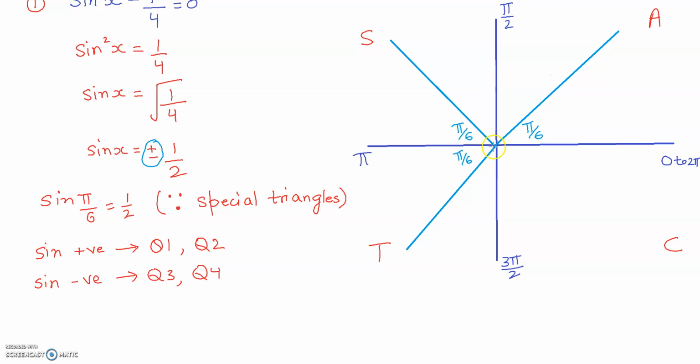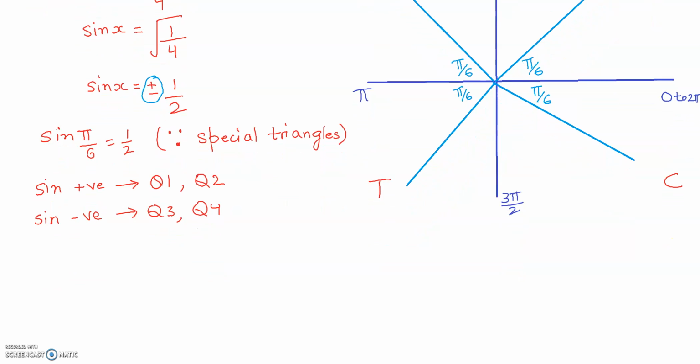And in the fourth quadrant, again, we have pi over 6. However, we have to keep in mind that in the first and second quadrants, sine is positive, and in the third and fourth quadrants, sine is negative. So now, the first value of x we got from the special triangle. So I can say x1 is equal to pi over 6.